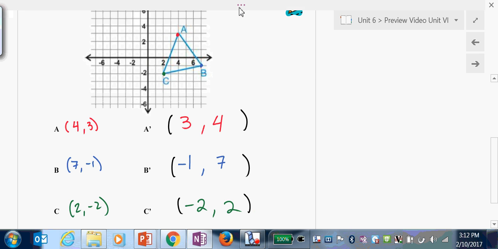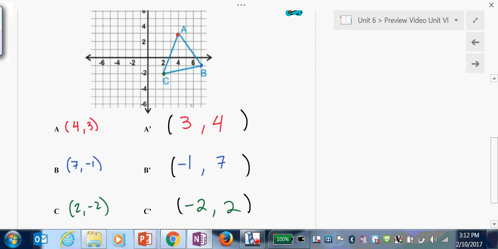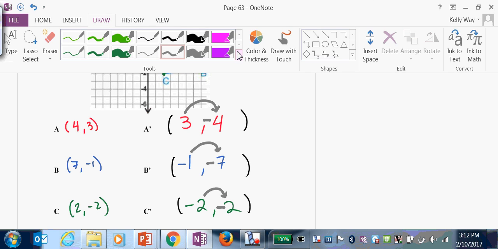Now, we flip the sign. Watch very carefully. We're going to the right because it's clockwise. So draw an arrow to the right and flip the sign. Arrow to the right, flip the sign. Arrow to the right, flip the sign. Now let's graph those 3 new points.